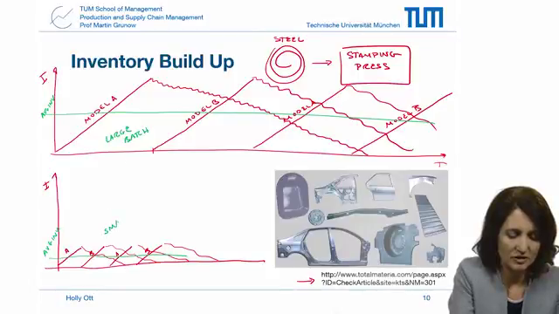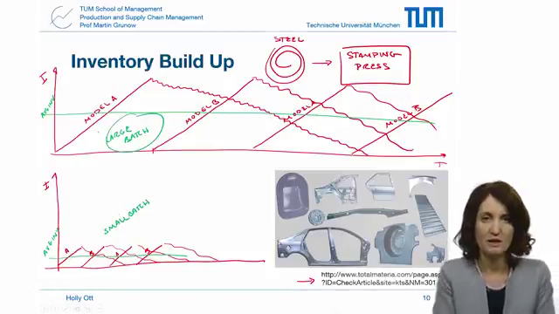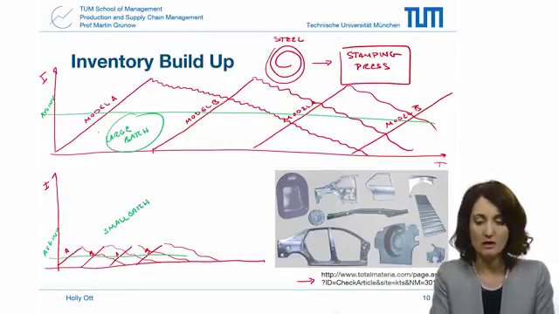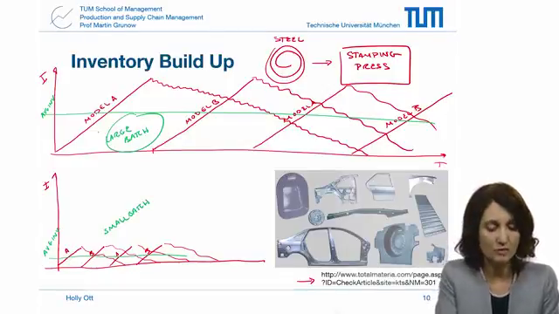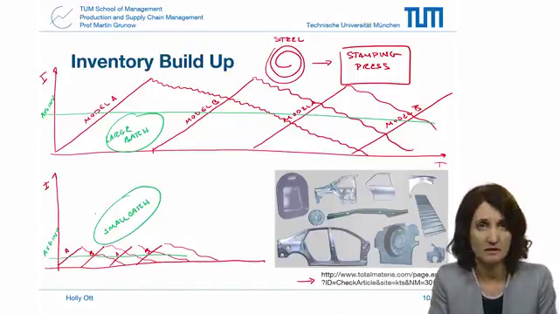This is a small batch. Much higher when you have a large batch. And of course, as we've been talking about, inventory is one of our wastes. And we'll see that also in a later section.